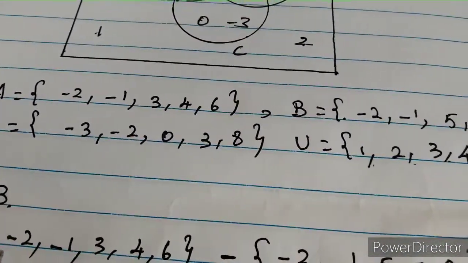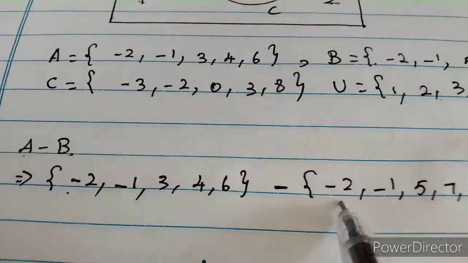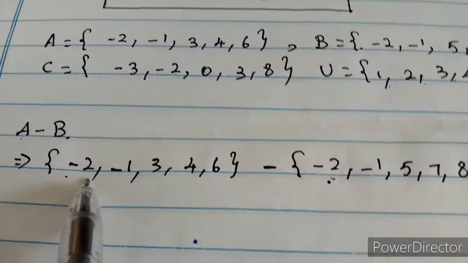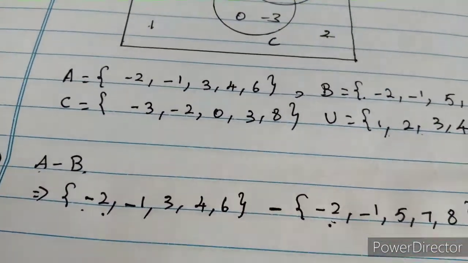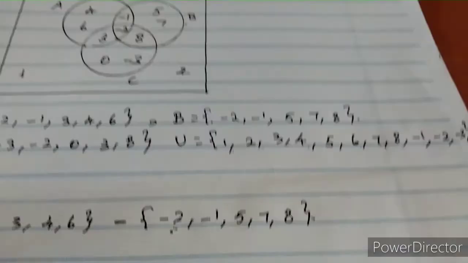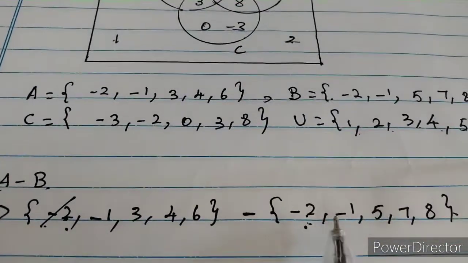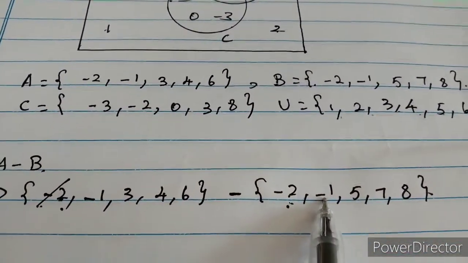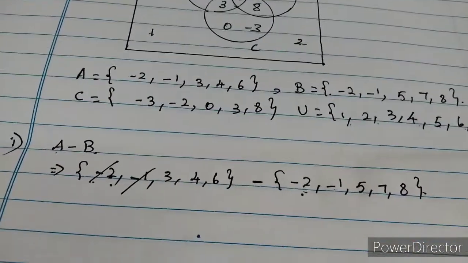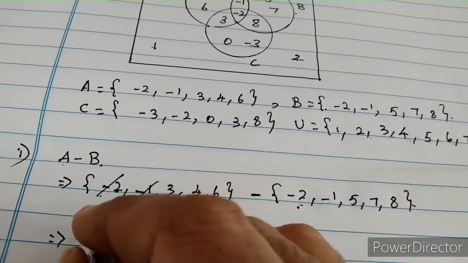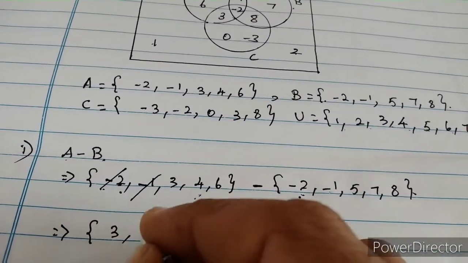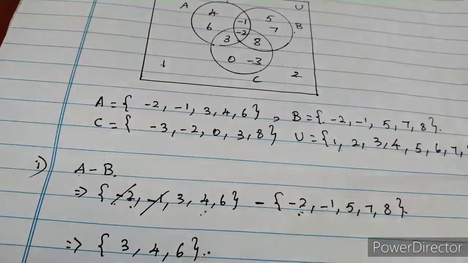The elements of A but not the elements of B. So see whether any element of B is present in A. If it is present, strike it out. Here -2 is in set A, so strike out the -2. And -1 is present in set B and also in A, so strike out the -1. Therefore, write the remaining elements. A minus B is equal to 3, 4 and 6.